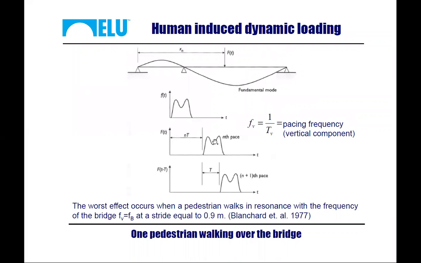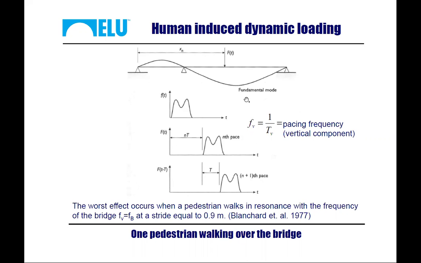Now, what can happen here when we walk? What can happen is that we have a certain pacing frequency. So we will move our feet with a certain frequency. That means a number of steps per second.